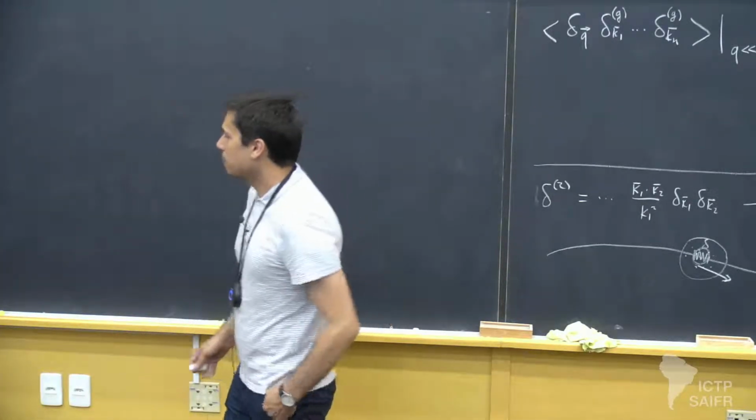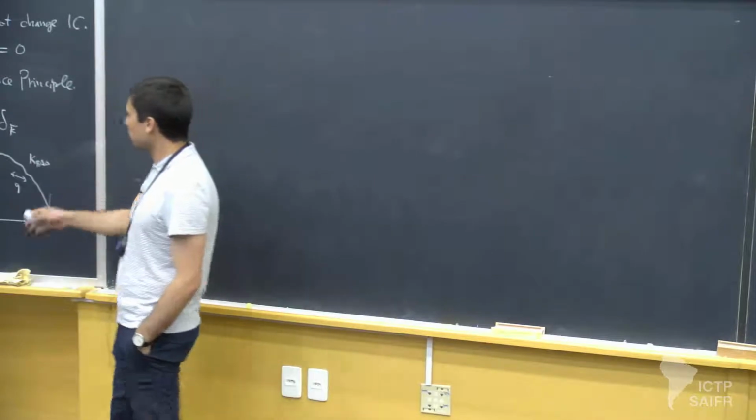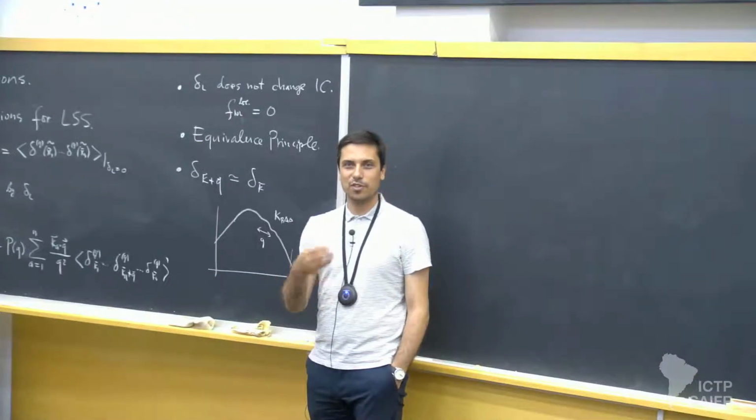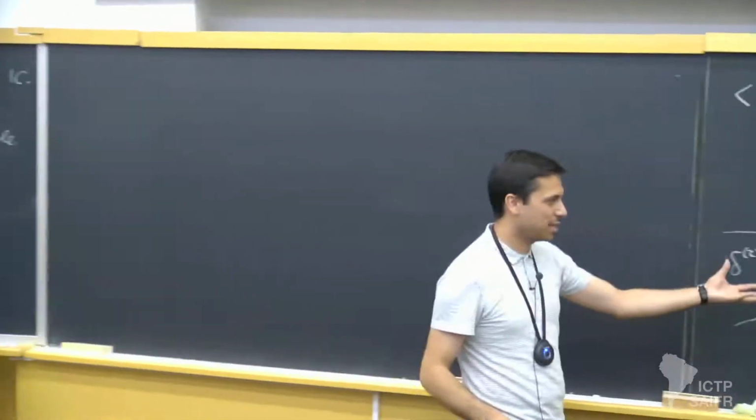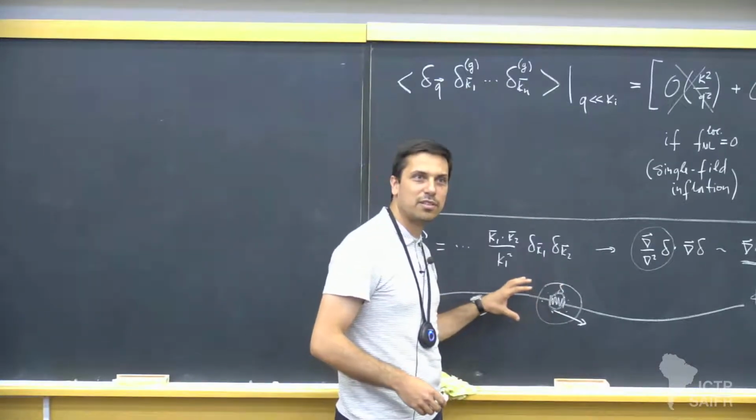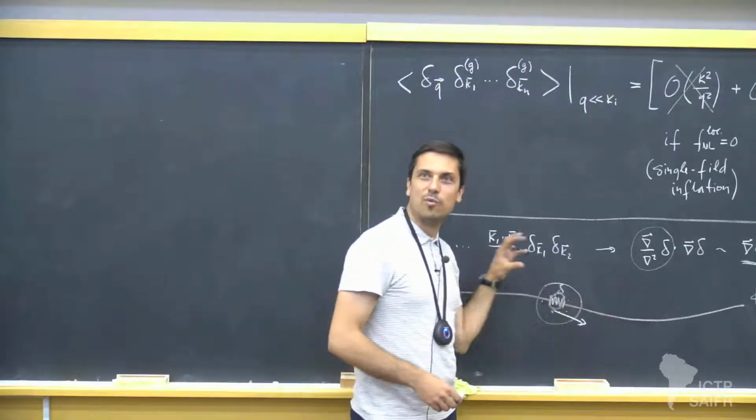So now, what is this feature? Let us go back to real space, because maybe it's a bit easier. With these things, it's sometimes easier to think in real space, because you have some mental image that these long wavelength modes are just moving things apart.